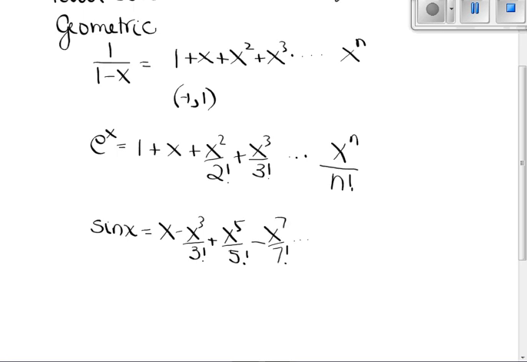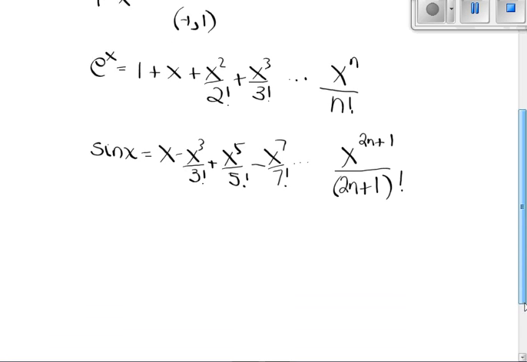You could always derive it because it's not that bad. And then it's x to the what? How do you get an odd number? 2n plus 1, as long as we're starting at 0. If you didn't start at 0, you'd have to fix this. So it's x to the 2n plus 1 over 2n plus 1 factorial.